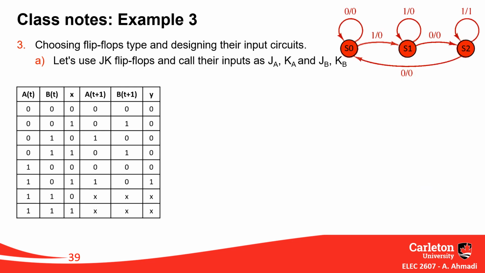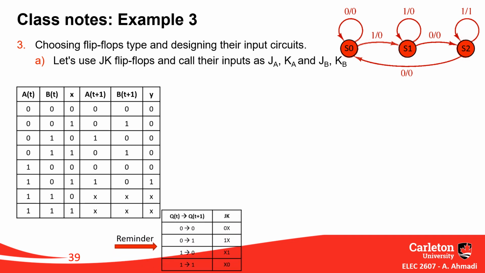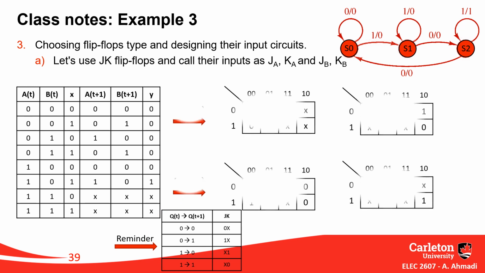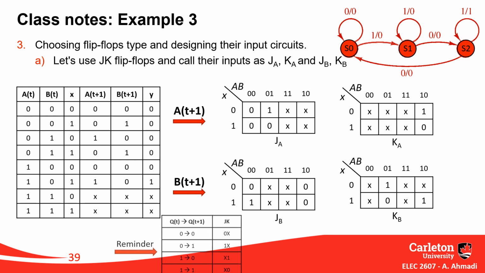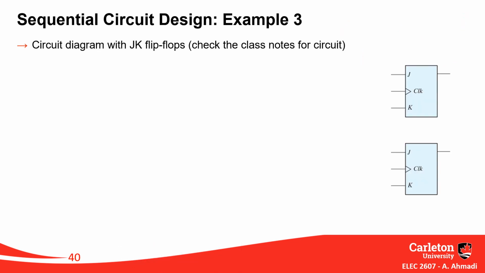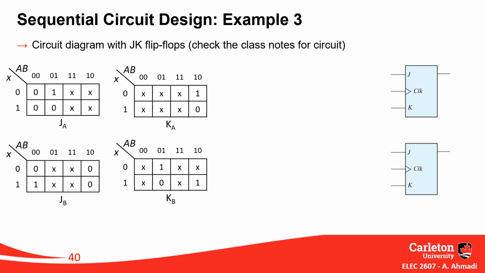For JK flip-flop, however, I keep this in front of me all the time when I want to design. You need J and K for A state and J and K for B state, as we see here. This also gives me another set of design circuits to implement, and with JK flip-flop using those tables, you will have circuits.